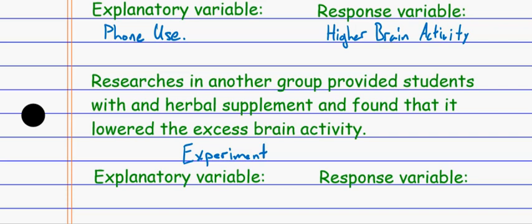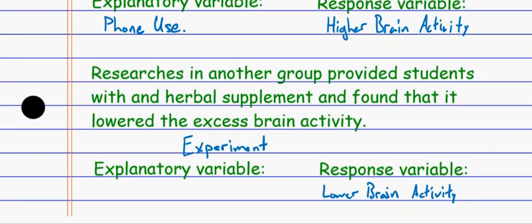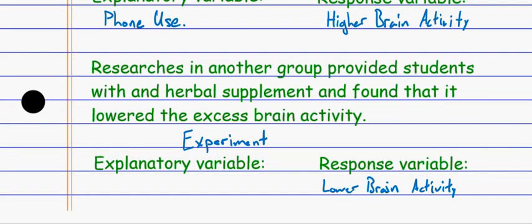And once again, we are measuring brain activity. So the response variable is that lower brain activity that we are measuring. And then if we ask ourselves what might have caused that lower brain activity, we would say, well, we imposed a certain treatment, and the treatment we imposed that we believe lowered that brain activity was this herbal supplement.